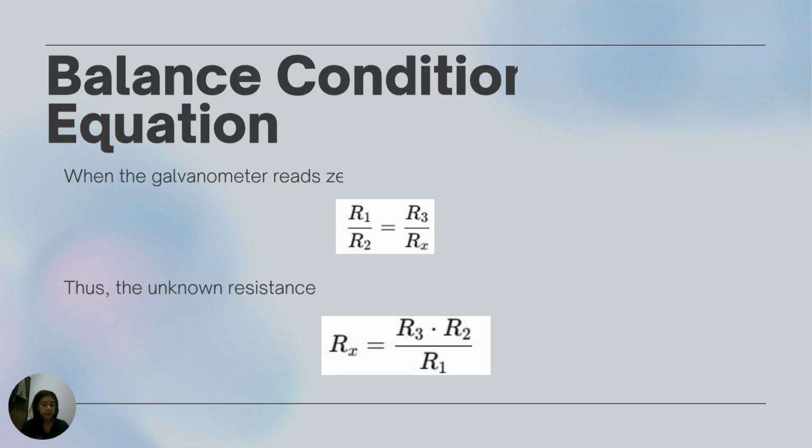This relationship is written as R1 over R2 equals R3 over Rx. By rewriting this equation, we can calculate the unknown resistance Rx accurately. This balance equation is the key principle that makes the Wheatstone bridge a very precise tool for resistance measurement.